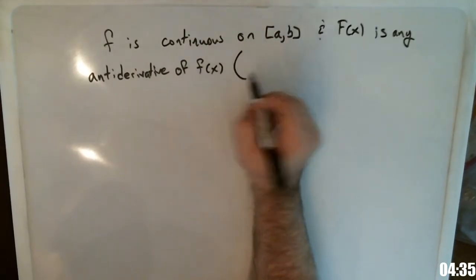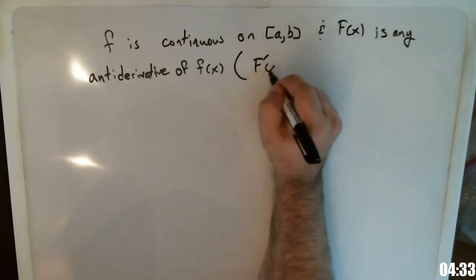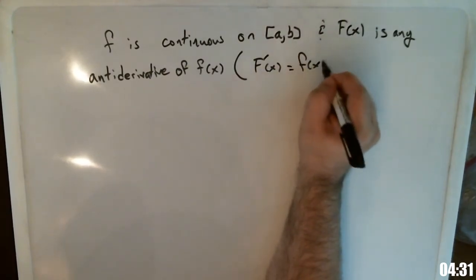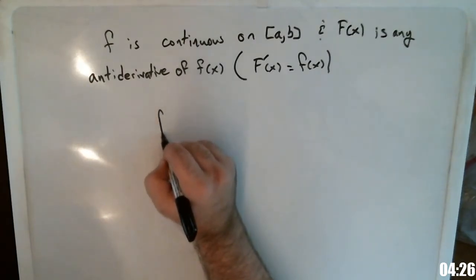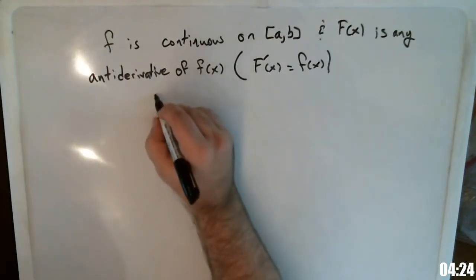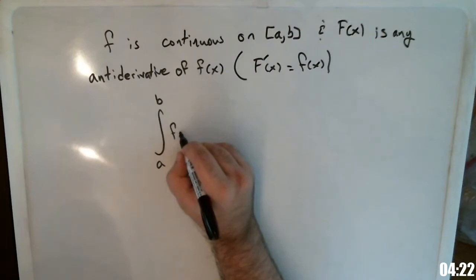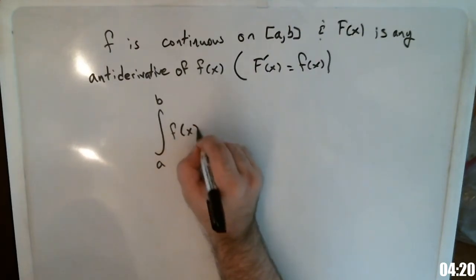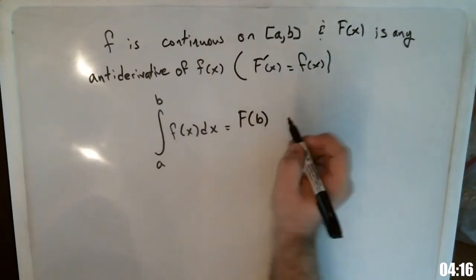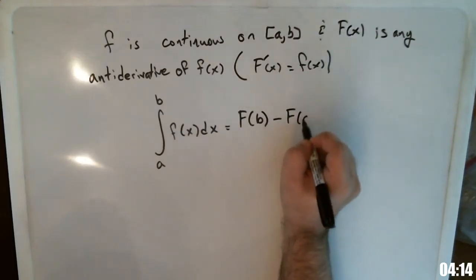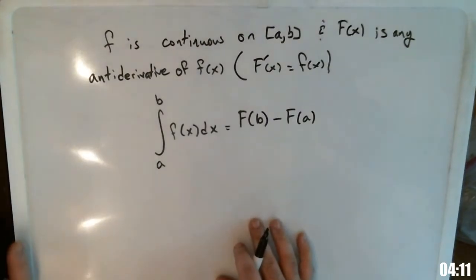What that means is that big F prime of x is the same as little f of x. Then the integral from a to b of f of x dx is the same as big F of b minus big F of a.